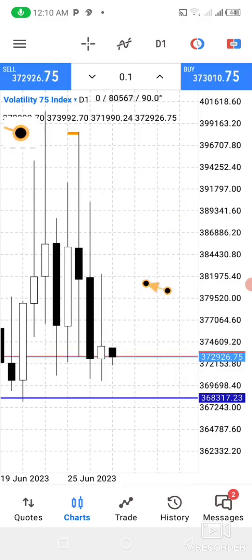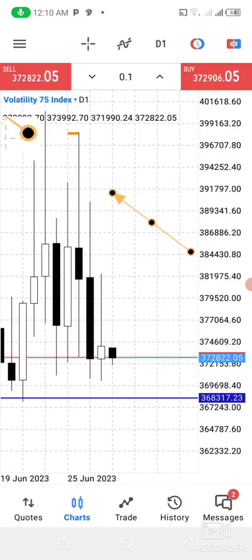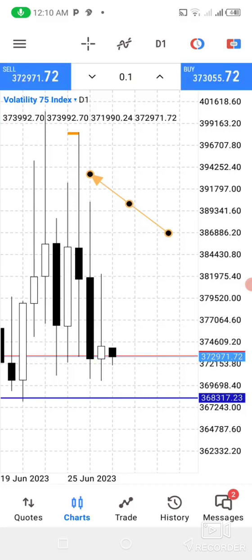When you are using this candlestick method, the safest way is to look for a candle that will create wicks. How do you know that a candle will create a wick?